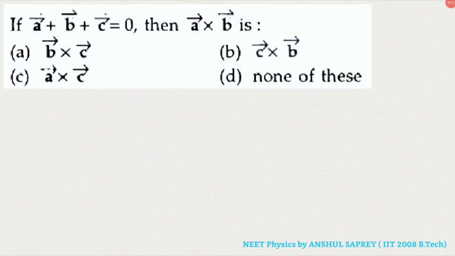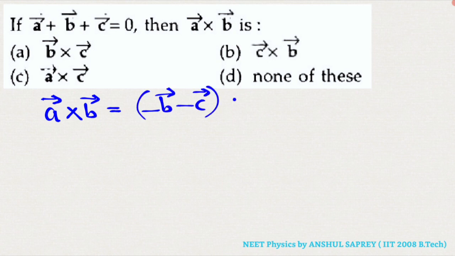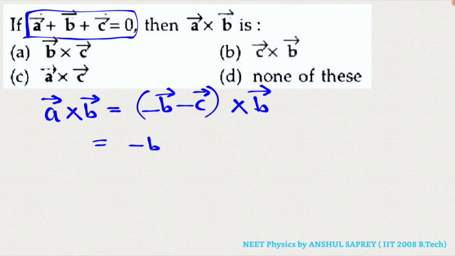Next question. If A vector plus B vector plus C vector is equal to 0, then what is A vector cross B vector? We have to find the answer in terms of B and C or A and C. So let us try to find the answer in terms of B and C. A vector cross B vector can be written as (minus B vector minus C vector) cross B vector. Using this relation, it can be written as minus (B cross B) minus (C cross B).